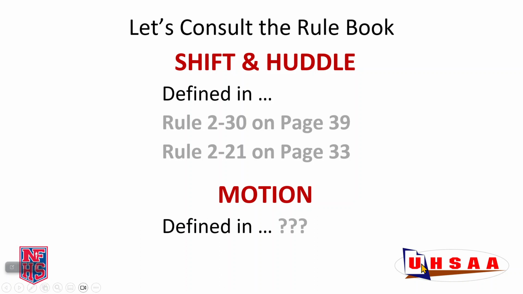Now, motion is defined in a completely different place. It's not found in Rule 2 in the rule book. You have to look all the way over to Rule 7-2-7 on page 62. And we're going to cover that in just a moment. But these are the basic three concepts upon which these rules are based, and it's very important that you understand these building blocks for the game.